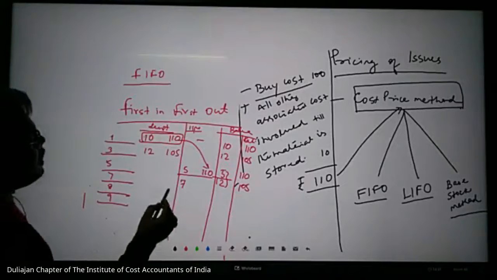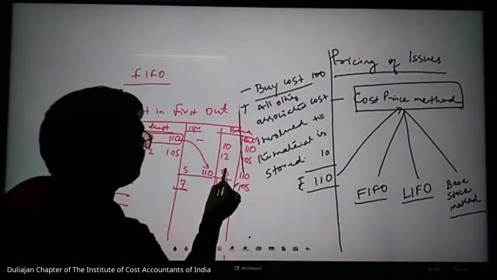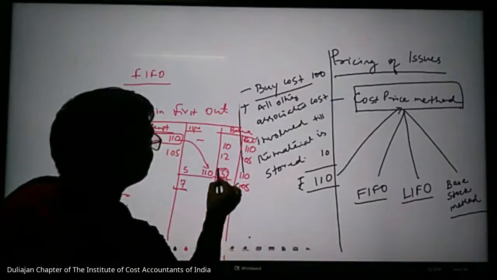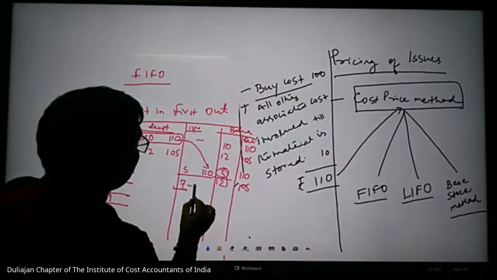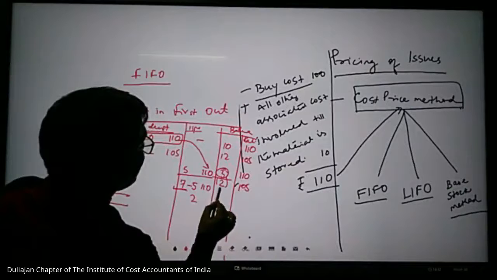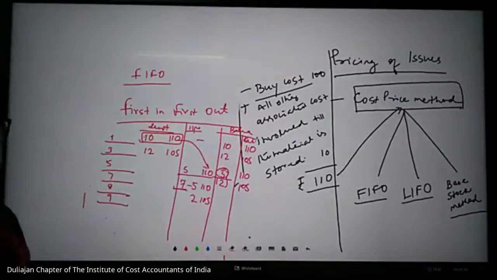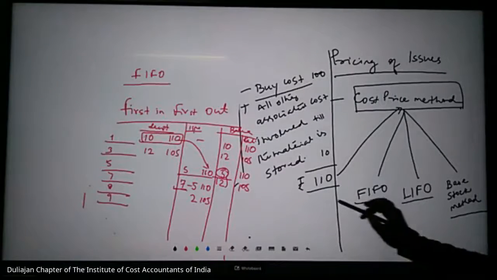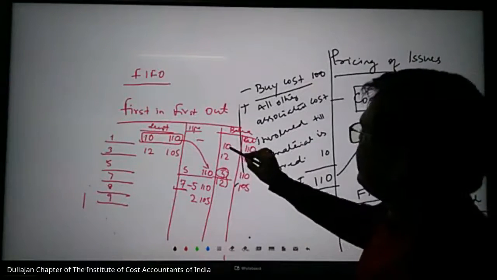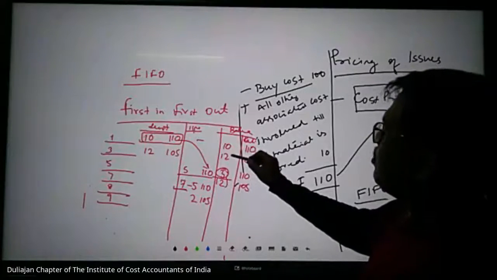Now when I am going to issue 7 numbers, first these 5 I will adjust. So here it will be 5 at the rate of 110 and 2 at the rate of 105. That means whichever item I have received first, I am going to use that rate. Once this 10 is over, now 5 and 5, so the remaining I take from the 12.